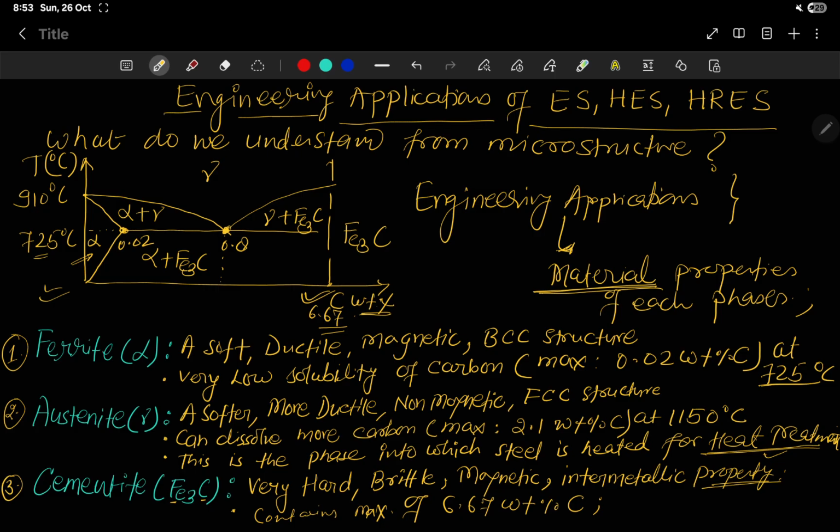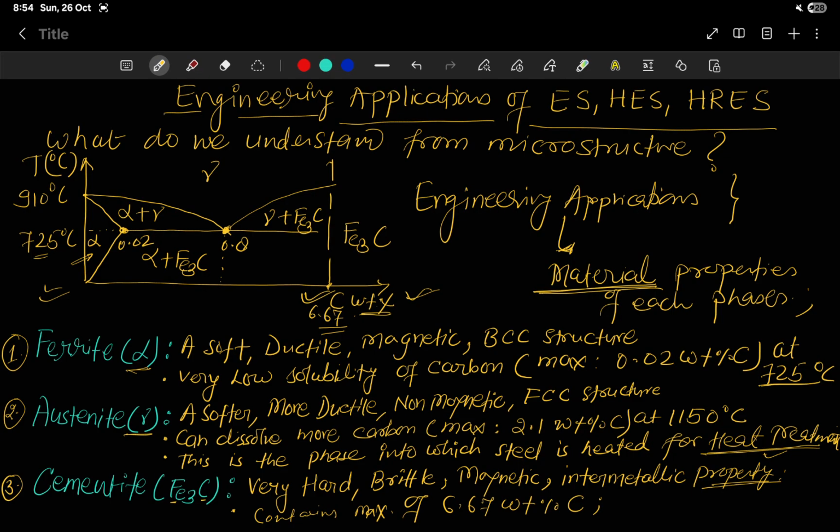Okay, so you can see this is the maximum solubility of carbon in cementite. And in alpha ferrite and cementite, as we have discussed, these carbon atoms sit inside the tetrahedral voids and octahedral voids present in the BCC or FCC crystal structures.